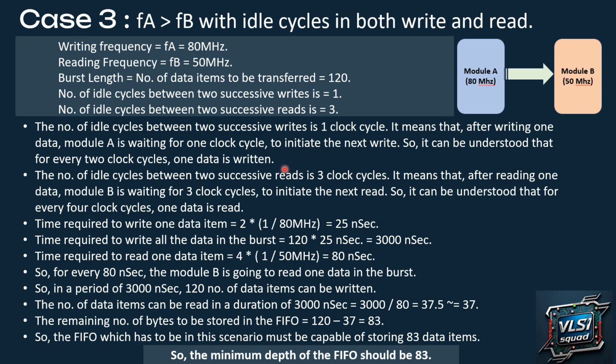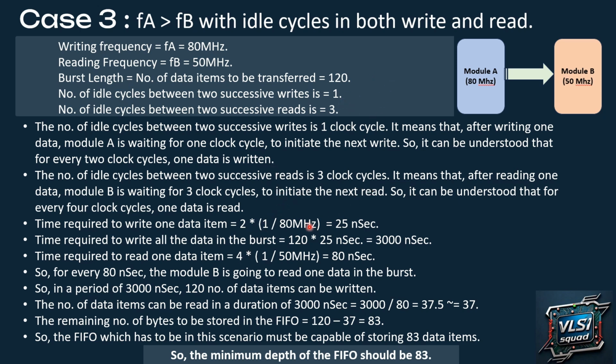On similar grounds, we can understand that the reader is reading in one clock and staying idle for three clocks and then reading. That means that the reader is reading once per four clock cycles. So the speed of the reader is reduced by 1 by 4, and the speed of the writer is reduced by 1 by 2. So it will take twice the time.